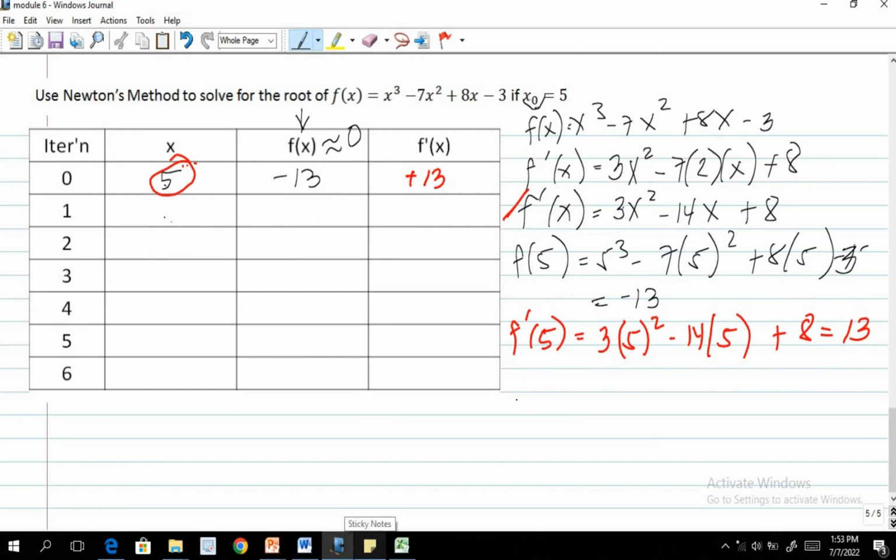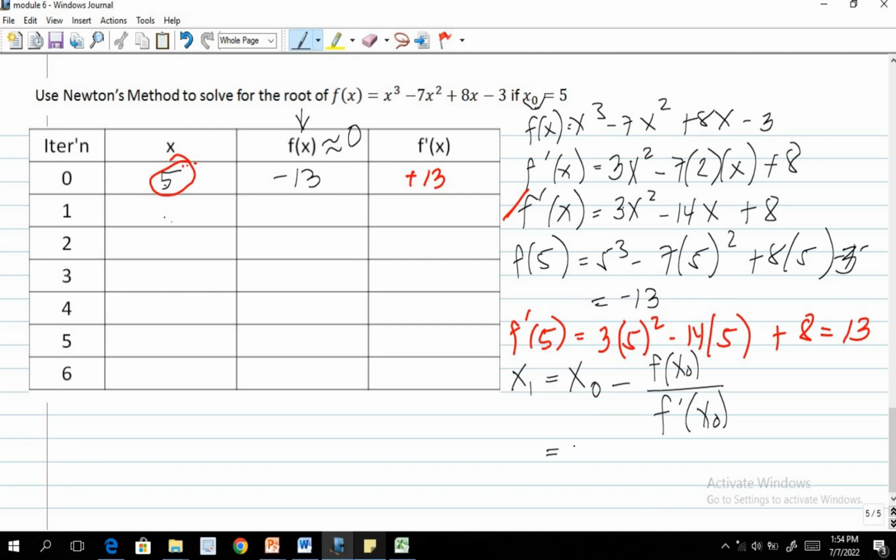That is for the value of x doon sa may iteration 1, that is equal to the value of x sa may iteration 0 minus the quotient of f x0 over f prime x0. Okay? We're going to use that.